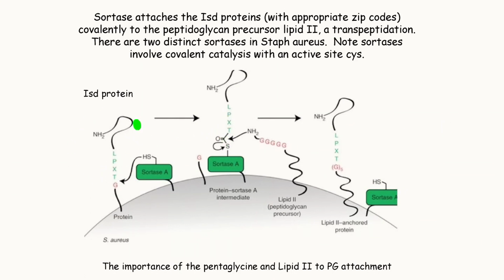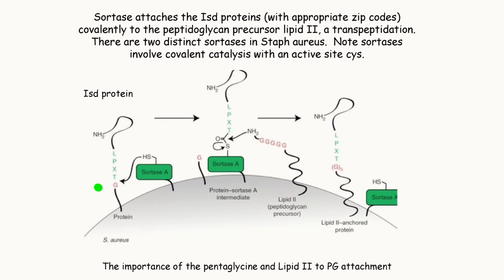And so this is the part of the protein that's going to get transferred ultimately to lipid 2 with the pentaglycine, and at the end of the pentaglycine you have an amino group. You're going to attach this protein, ISDA or ISDB, to the N-terminal amino group of glycine in the pentaglycine.